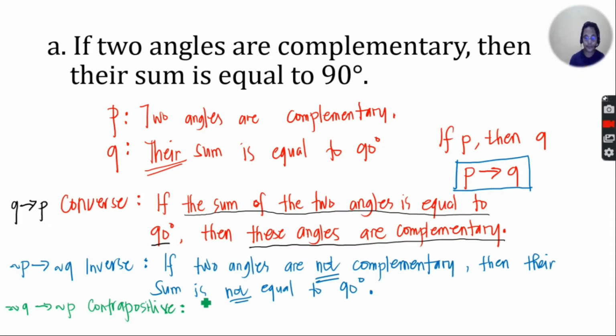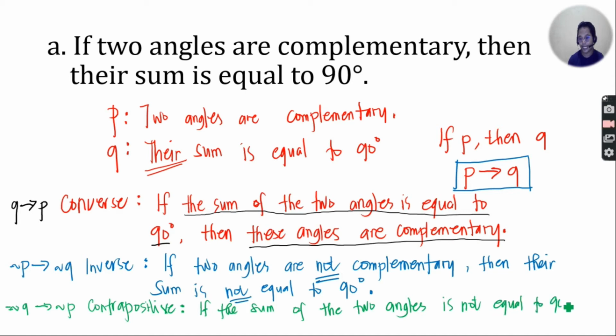So, magiging if the sum of the two angles is not equal to 90 degrees, then these angles are not complementary.